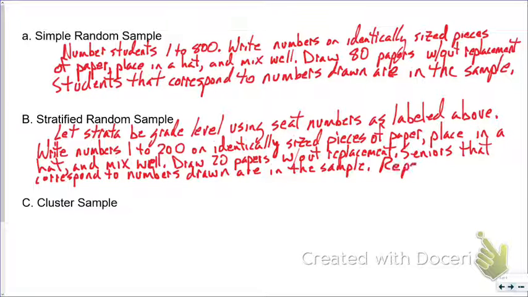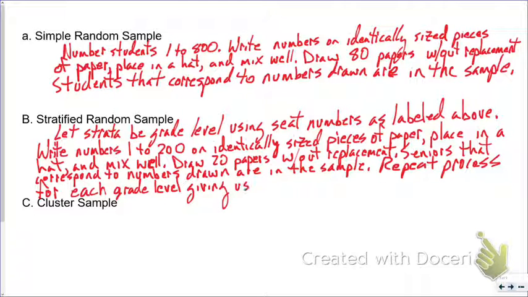Repeat process for each grade level. I'm struggling with writing. It's end of the day. Giving us 80 students in the sample.